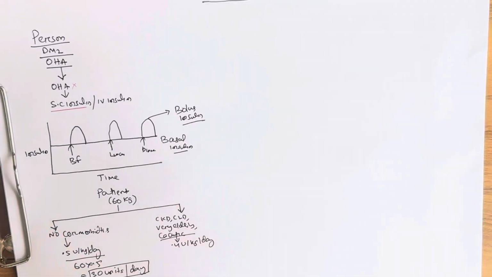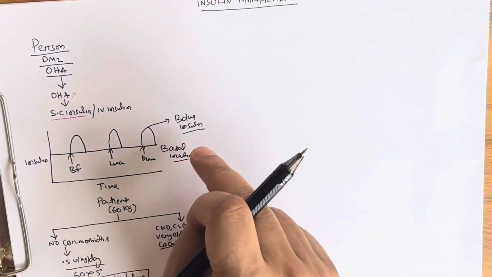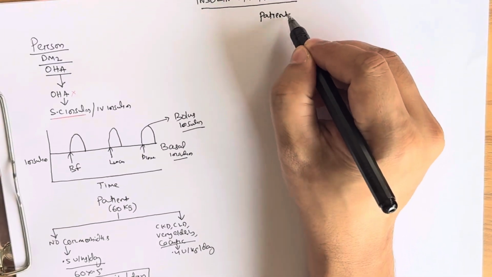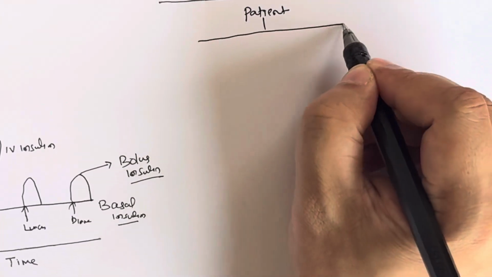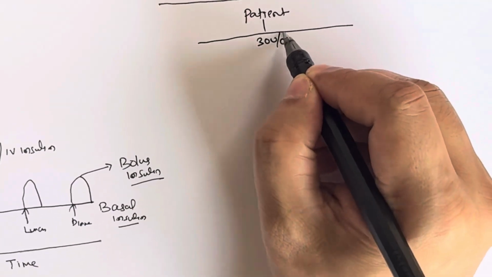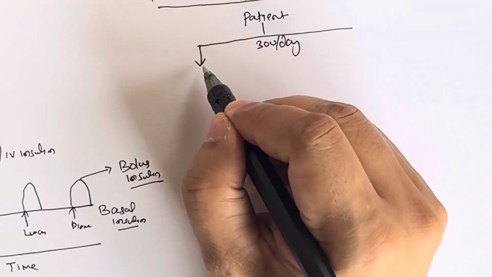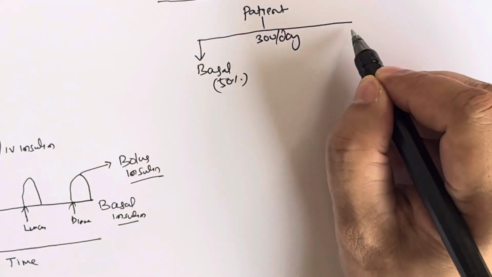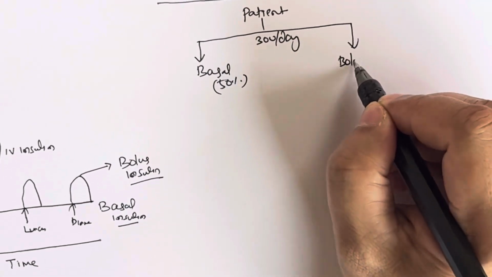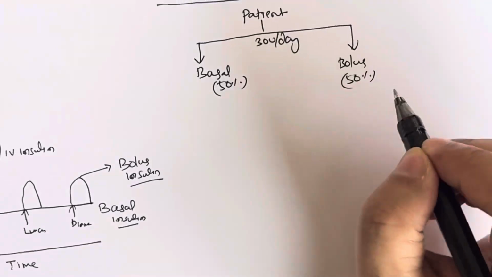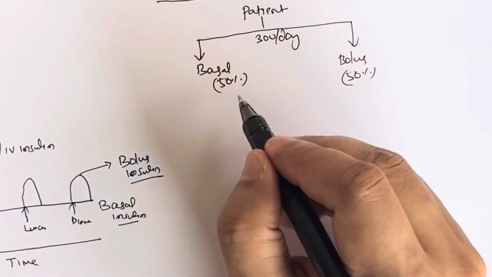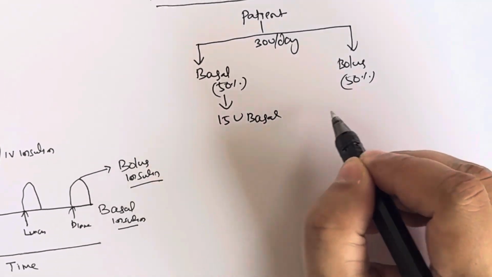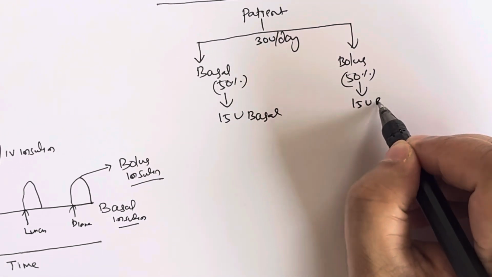As I've told you, the insulin has to be divided into basal and bolus. So we have the patient who requires 30 units per day, and it has to be divided into basal, that is 50%, and bolus, that is 50%. So 50% of 30 is 15 units basal insulin and 15 units bolus.